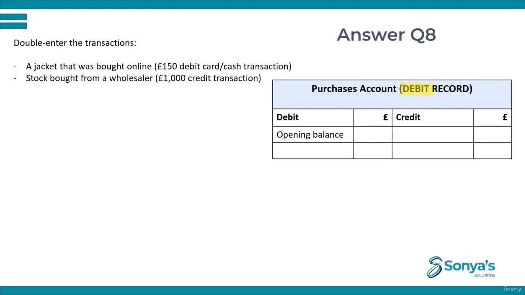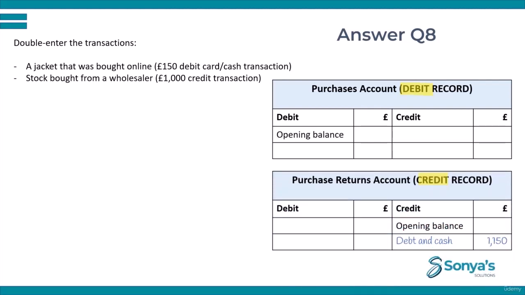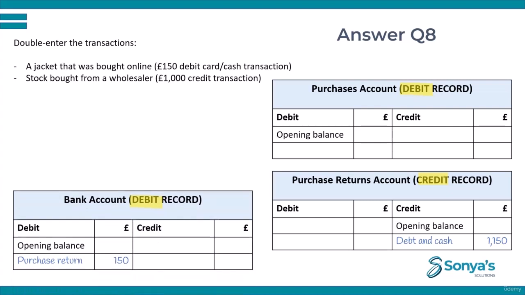All of the returns are added to the purchase returns account. Let's remember the purchases account is an expense account, a debit record with an opening balance on the debit side, and the returns account provides the credit side of this account. The cash refund is debited to the bank account to increase the bank balance, the asset of cash.